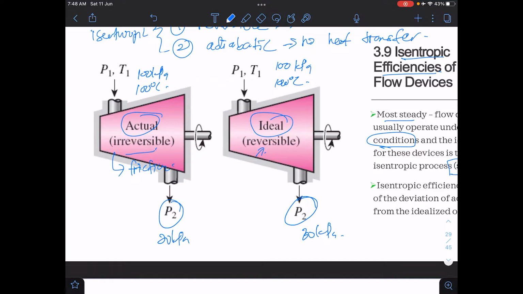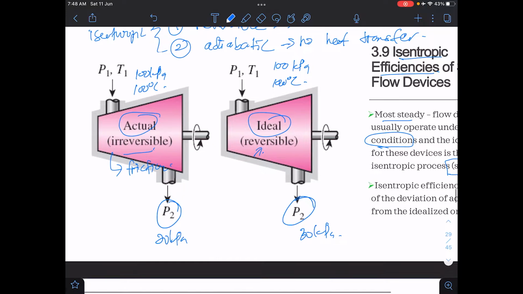For the ideal one, when we talk about the output, we always note that particular property. For example, if we want to look at the enthalpy H2, we need to put another subscript here, 2s, to indicate that this is an isentropic process, which represents the ideal steady flow device.